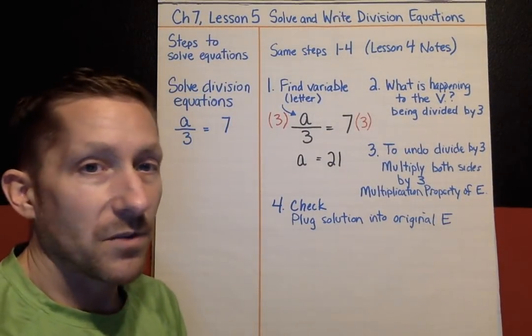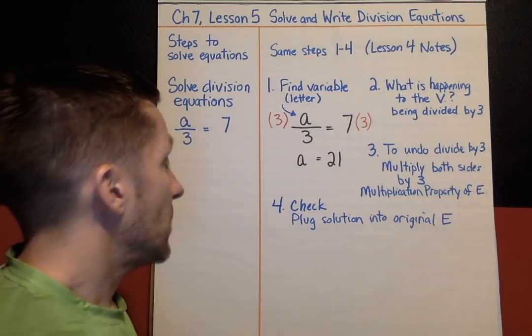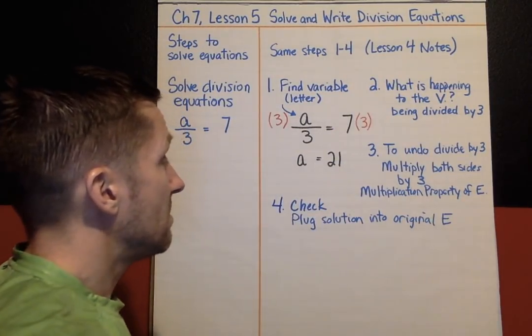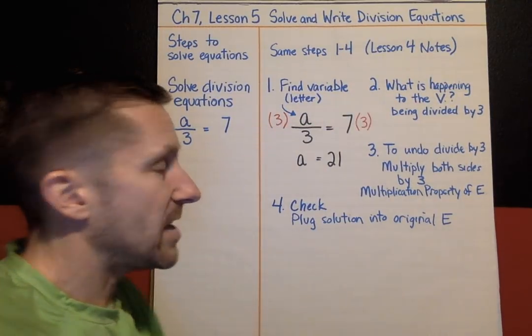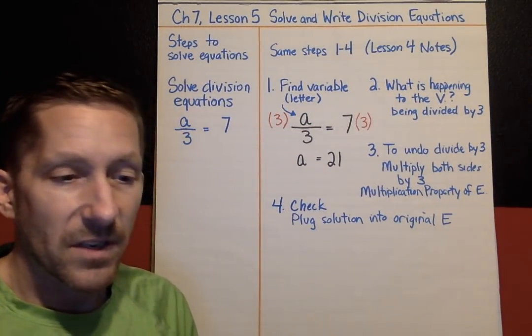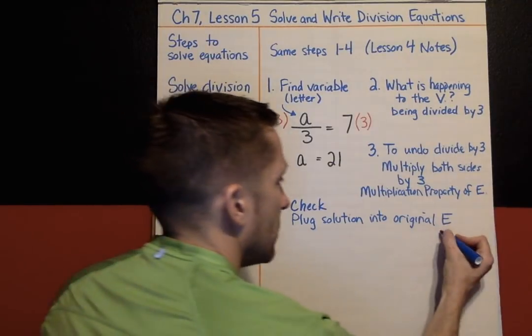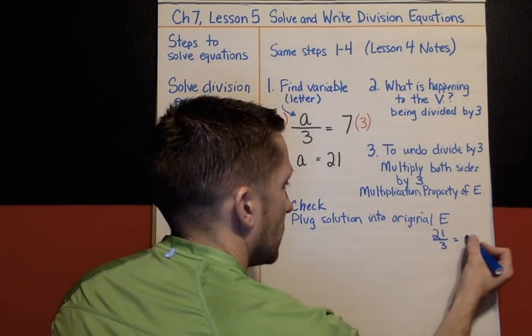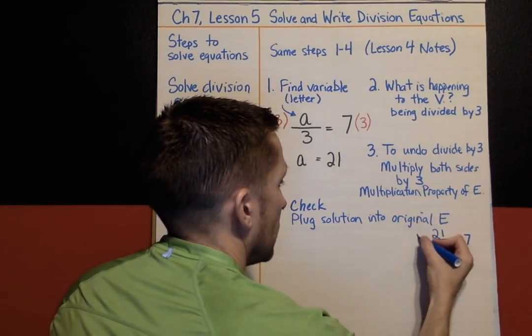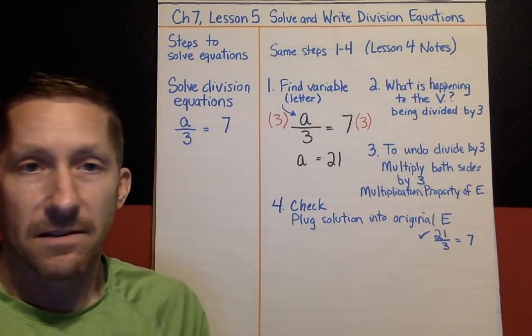Plug the solution into the original equation. So if I put in 21 right here, 21 divided by 3, I do get 7. So it worked. 21 divided by 3 equals 7. There's my check.